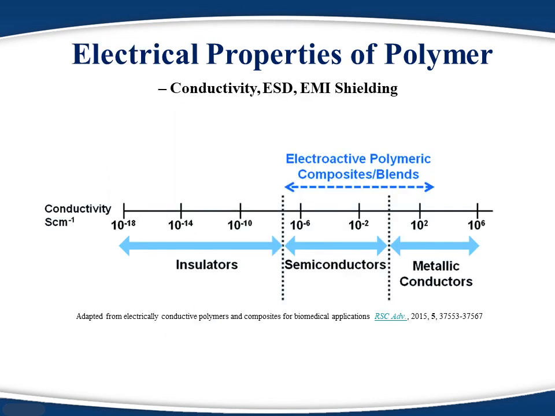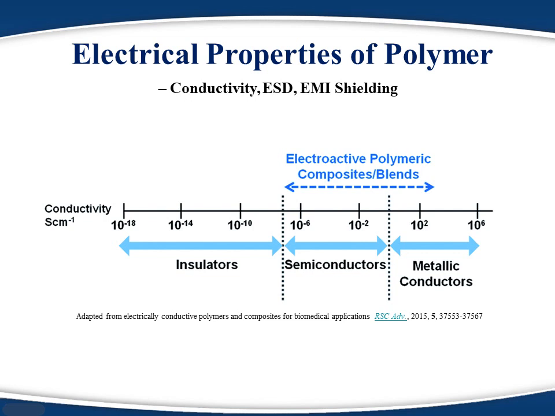Polymeric materials significantly differ from metals in their electrical properties. Unlike metals, the majority of polymers are insulators, that is, they do not allow transfer of electrons. Due to their insulating nature, polymers have a wide range of applications.